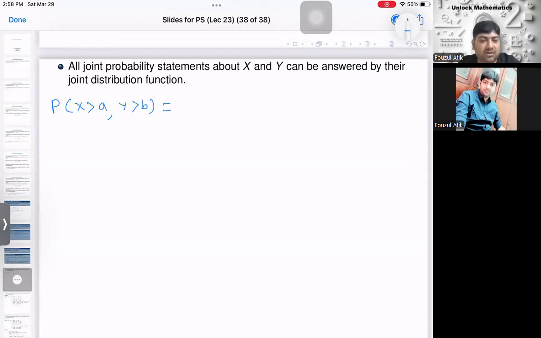How we can calculate? So what we'll do, can I write 1 minus P of x greater than a, comma y greater than b. This is an event and I have to take its complement, right? But what we said, this event is basically the intersection.